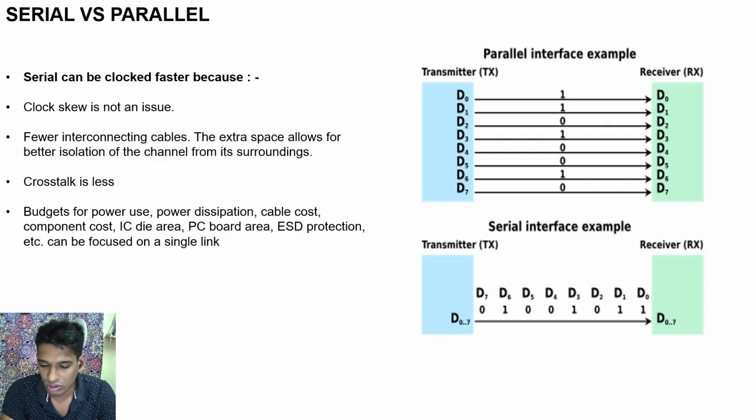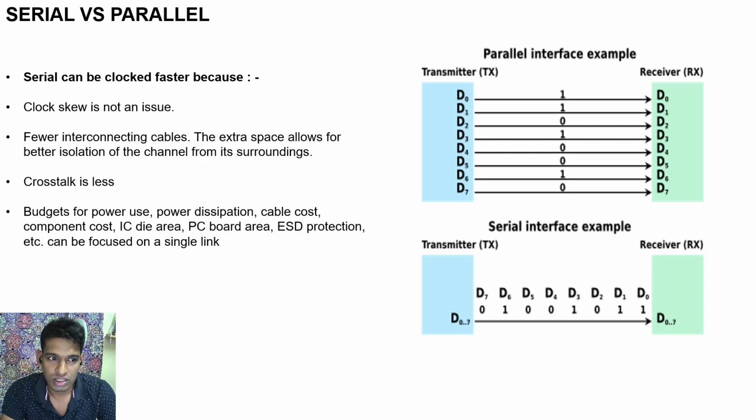One more thing to note is parallel works best over short distances, or distances less than 1 meter. So parallel communication can be used in a single circuit board, like a motherboard, or in devices that are very close together, like a printer and a computer. So you can use a parallel port when the devices are very close together, or when the devices are on the same circuit board.